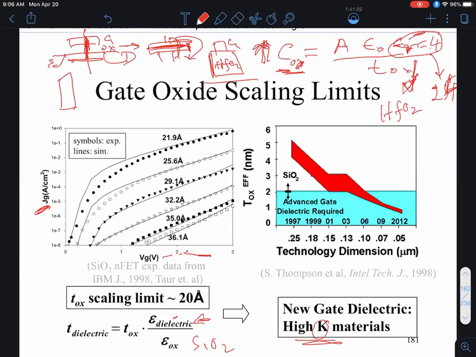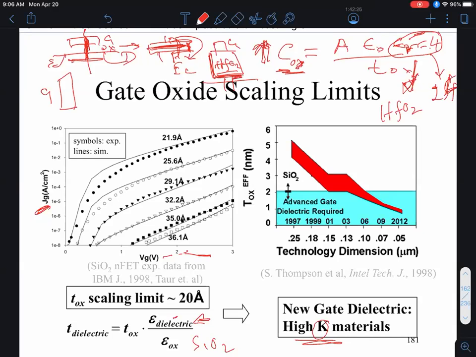So in this oxide, we know that the band gap is around 9 electron volts, and the band offset between the conduction band of the oxide and the conduction band of silicon is about 3 electron volts. On the other hand, in the case of hafnium oxide, the band gap shown in this direction is much smaller. It's about 5 to 6 electron volts. Therefore, the barrier between the conduction band of the silicon and the conduction band of the hafnium oxide will be smaller.